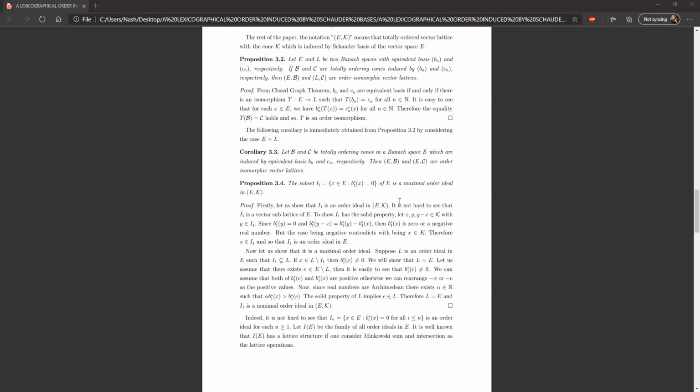You can think that if we have a ray in the real numbers, and the endpoint of this ray belongs to our order ideal candidate set, then all the elements of the ray, in the positive direction, should belong to the order ideal as well.